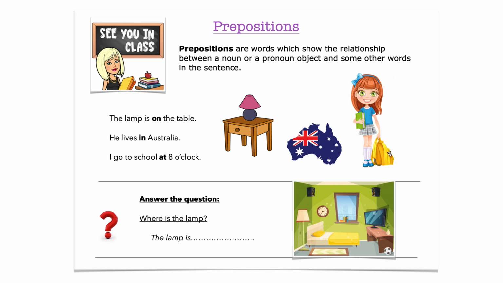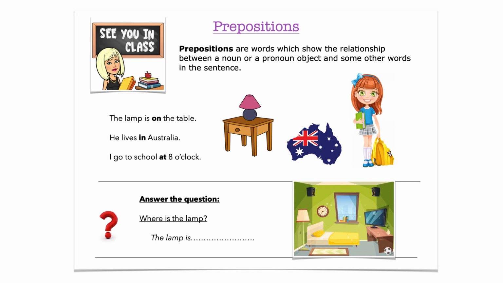The lamp is a noun. Table is a noun. So we do have a relationship between these two words. The lamp is on the table. Where is the lamp? On the table.